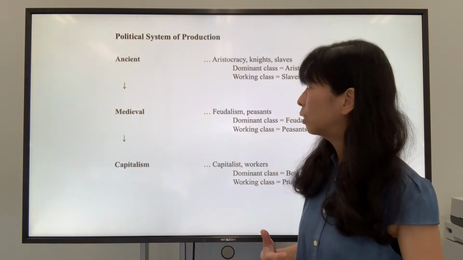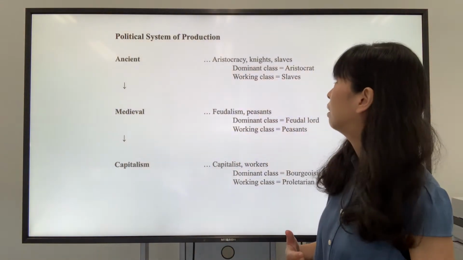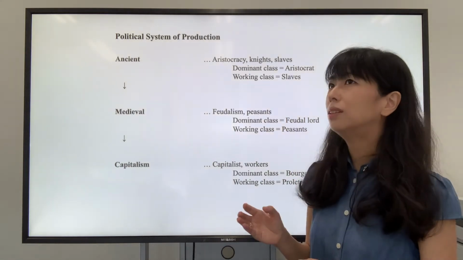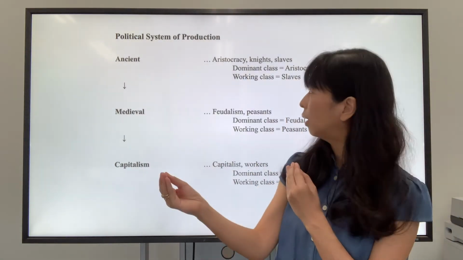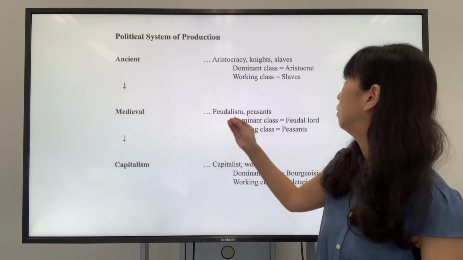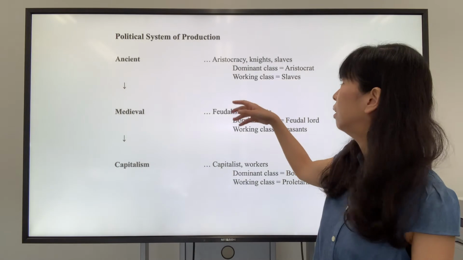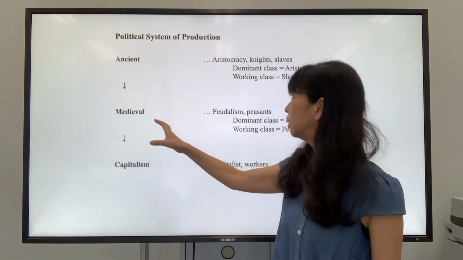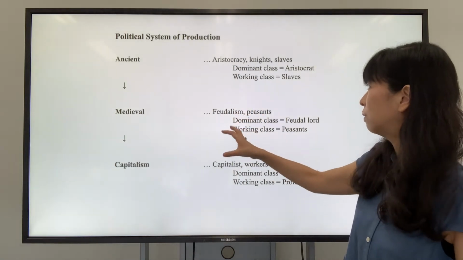For example, in the ancient period, you have aristocracy, you have knights and slaves. The important thing is to separate the dominant class and the working class. The dominant class in the ancient period could be the aristocrats, and the working class could be the slaves. During the medieval time, you have feudalism, you have the peasants.